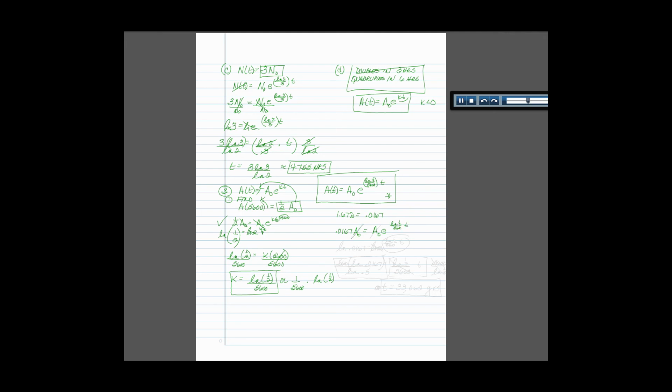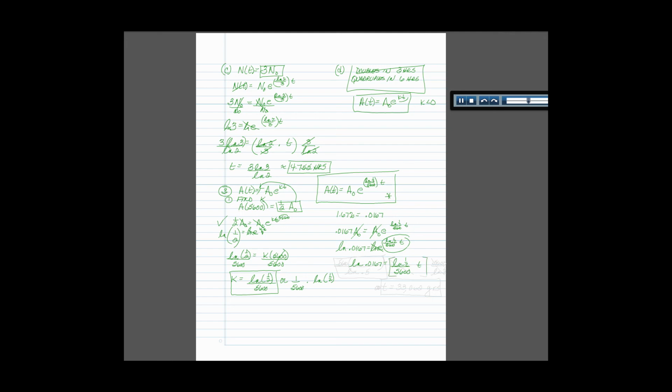Divide both sides by A sub naught, those go away, and you have 0.0167 equals e to the ln of 1/2 over 5600 t. Now I'm going to take the ln of both sides to make that go away. ln of 0.0167 equals whatever's left here, ln of 1/2 over 5600 times t.